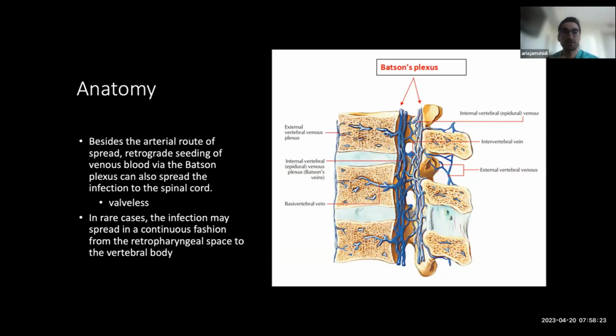And this is due to retrograde seeding of venous blood into the plexus, spreading infection around the spinal canal. In rare cases, the infection may actually spread in a continuous fashion from, like, the retropharyngeal space into the vertebral body, especially in the cervical spine.